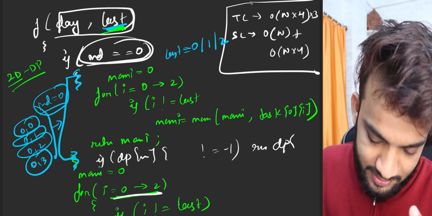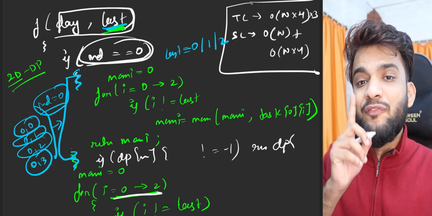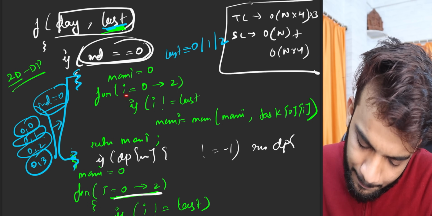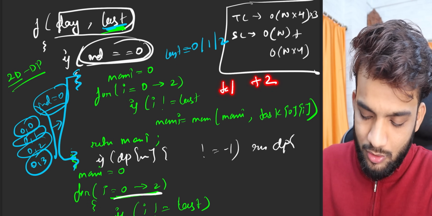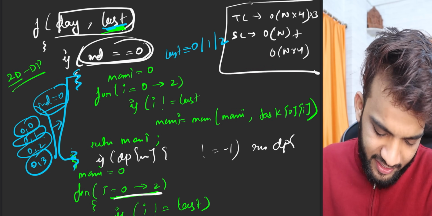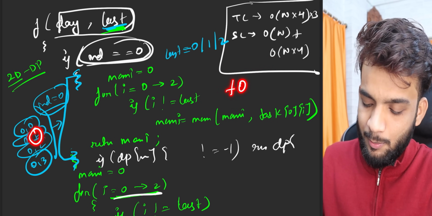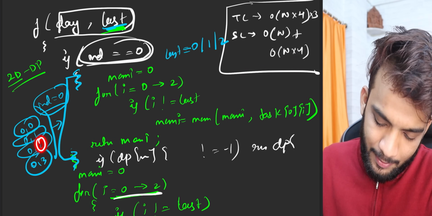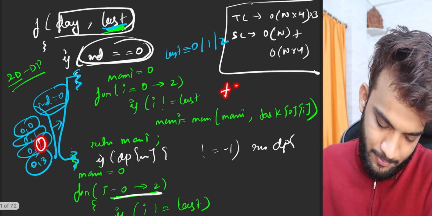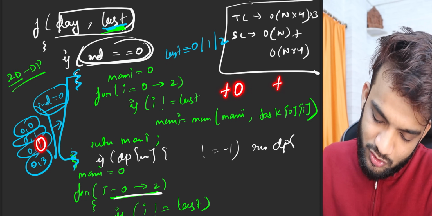Now let's analyze. If last is 0, then you end up taking the maximum of task 1 and task 2. If it is 1, you end up taking the maximum of task 0 and task 2. If it is 2, you end up taking the maximum of task 0 and task 1.